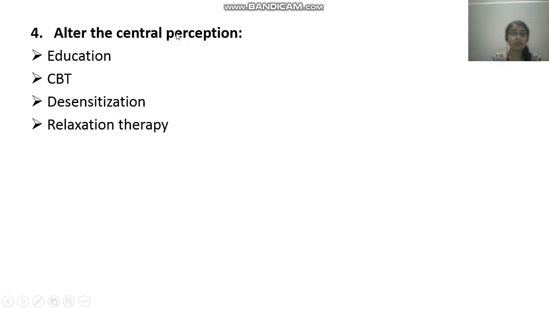Take note here, it is not central drive. We've already altered central drive with pharmacological therapy and oxygen therapy. You can alter central perception by psychological therapies like cognitive behavioral therapy and desensitizing agents. You can use relaxation therapy, give them proper relaxed breathing, give them Fowler's position, teach them what the ratio of the breath should be, and educate them.